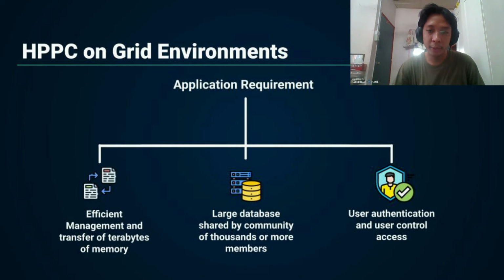The second one is that the application must have large sets of databases, as they are shared by a community of hundreds or even thousands of researchers worldwide. And lastly, in order to maintain the integrity and safety of the sensitive data, the application must have user authentication and user control for the access of data.